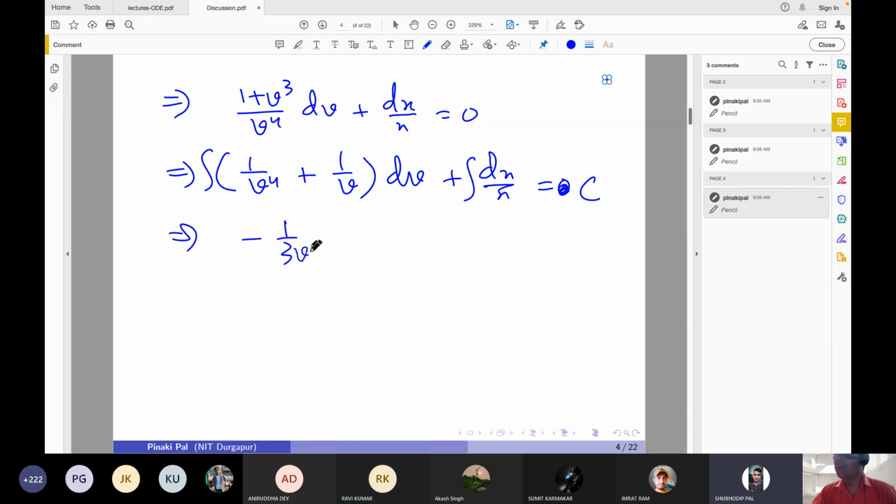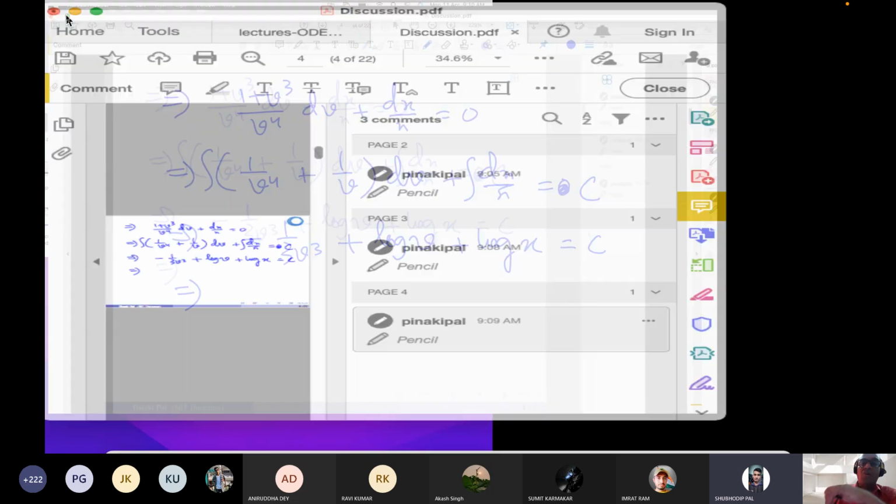plus log, e base log of course, v plus log x, this is equal to c. And note that while writing the log, we are assuming that the variable v is taking such values for which log is defined.